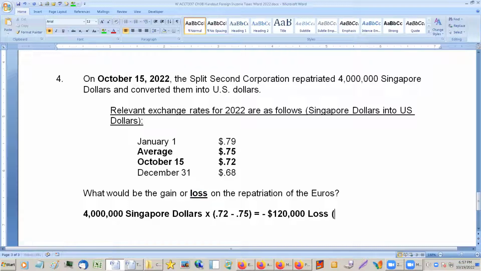And this would be in taxable income. It would be a reduction of taxable income, because we actually lost 120,000 bringing those back in. So this will reduce the taxable income by 120,000.